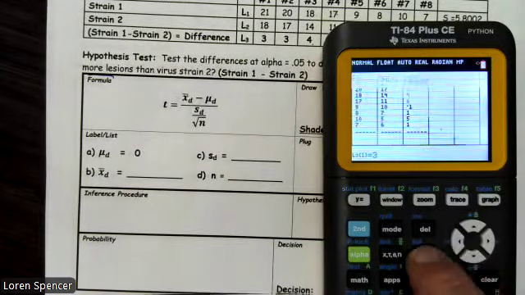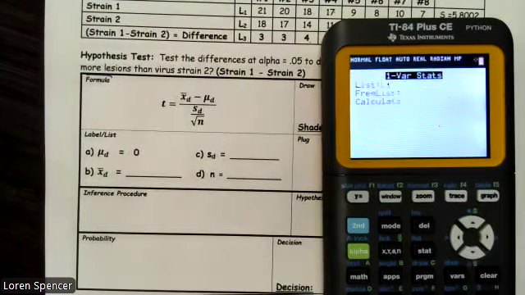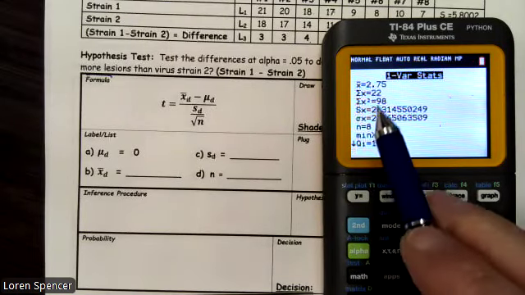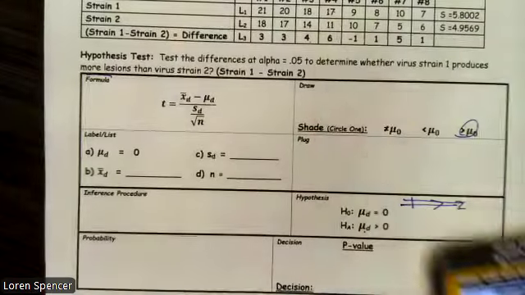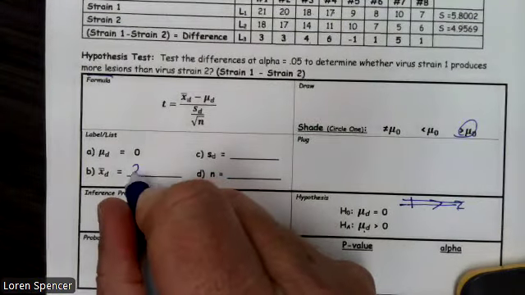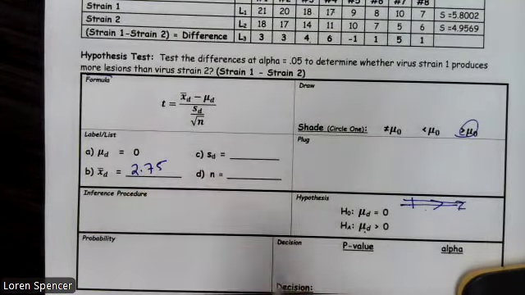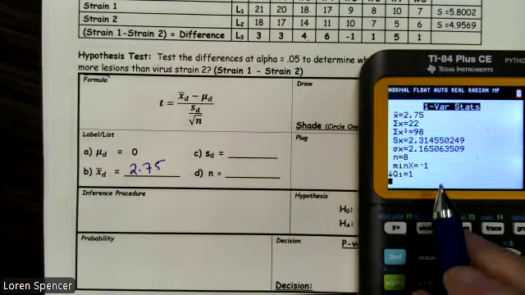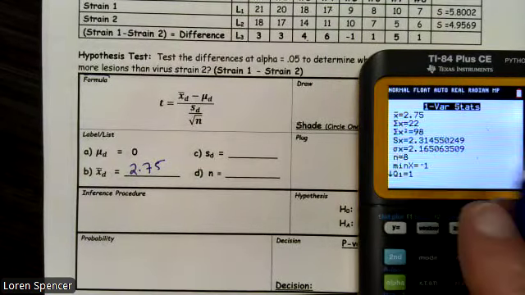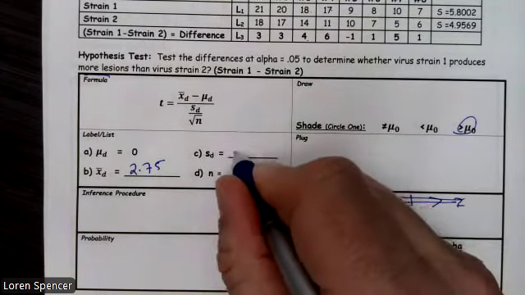Let's go ahead and go stat, calc, one var stat, and look at L3. All right, L3. And we ended up with a sample mean of 2.75, and we had a sample standard deviation of 2.314.